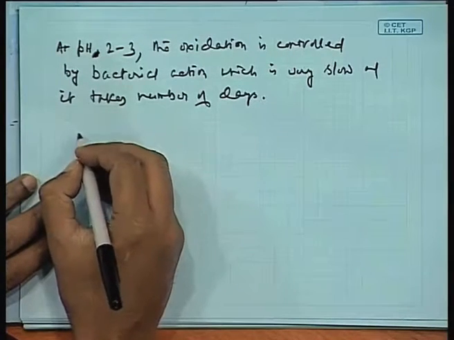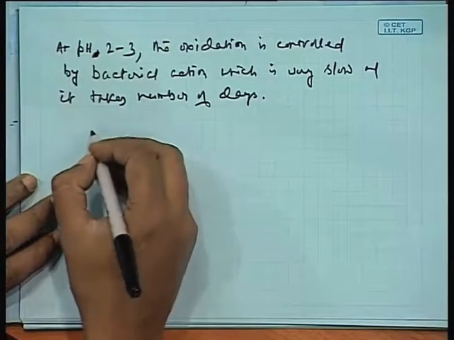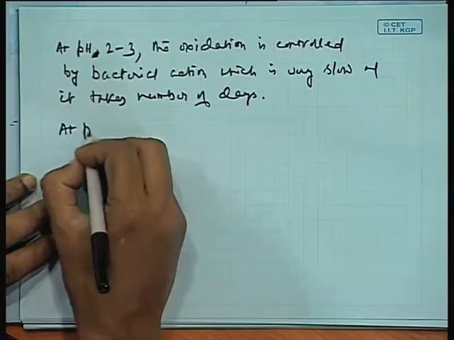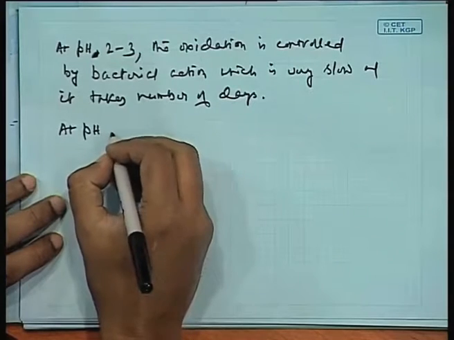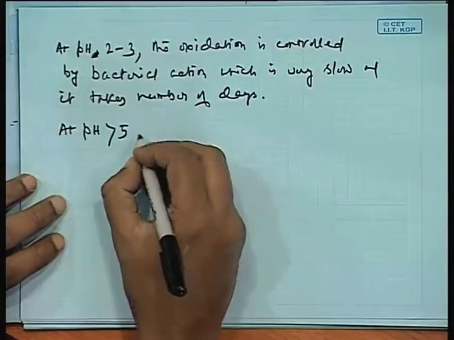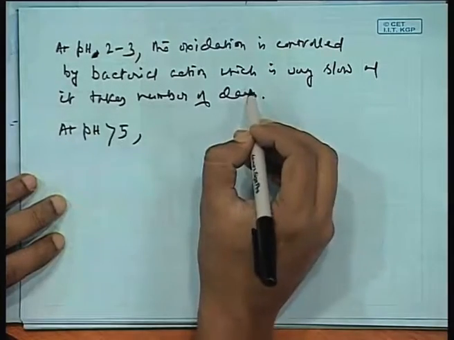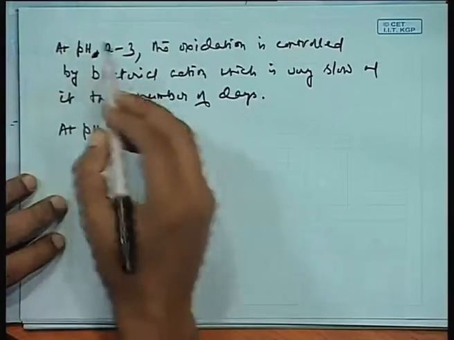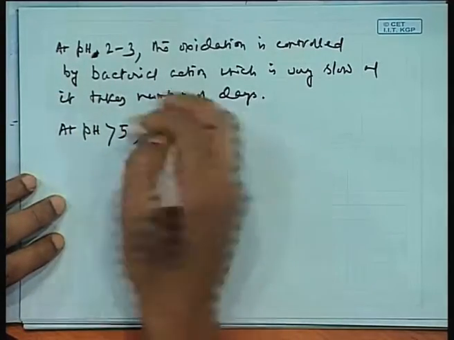What happens now is, at more alkaline pH, at pH more than 5, the whole reaction of conversion of ferrous ion into ferric ion is no longer bacterially controlled.